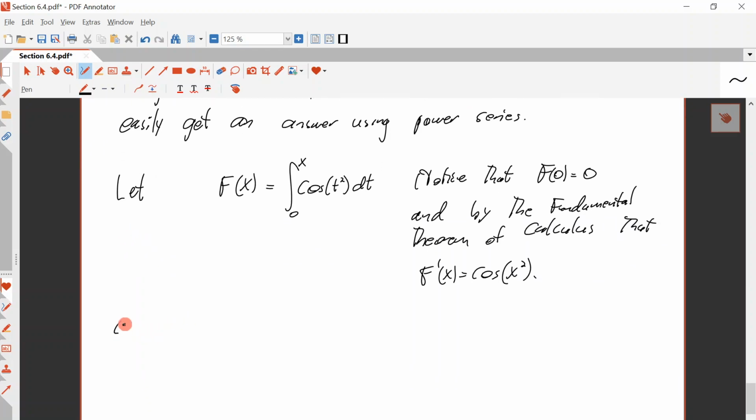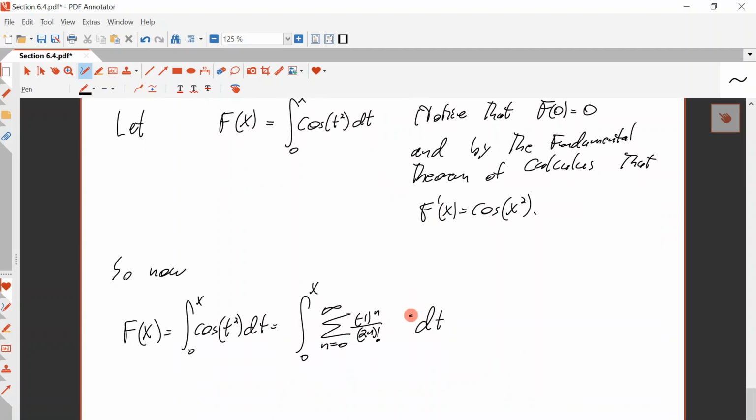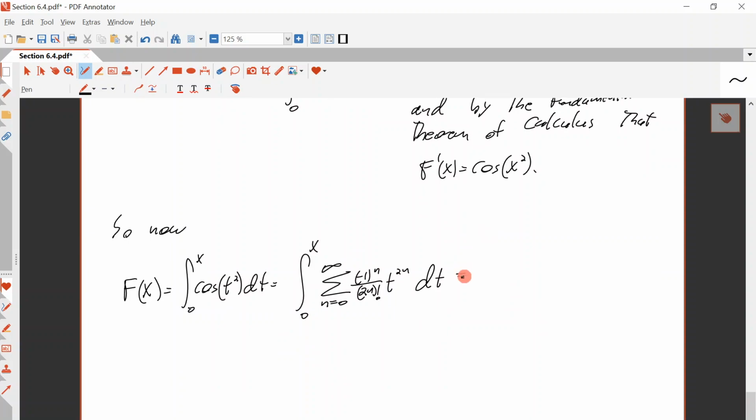All right, so now F(x) is equal to the integral from 0 to x of cosine t squared dt, which is equal to the integral from 0 to x. Well, this has a power series representation: (-1)^n over (2n)! times t to the 2n dt. We know how to do the antiderivative of this, right?